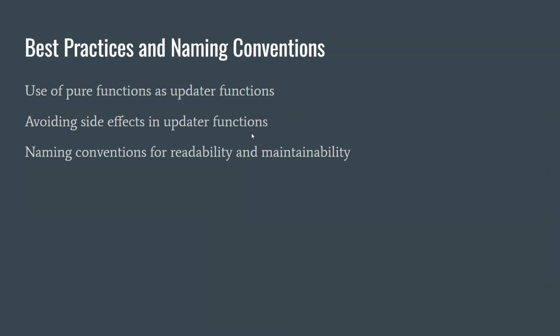For readability and maintainability, it is important to adopt naming conventions for updater functions and state variables, which can significantly improve the quality of your code. It's okay to use shorthand names or more descriptive ones, but it's important to keep it consistent.